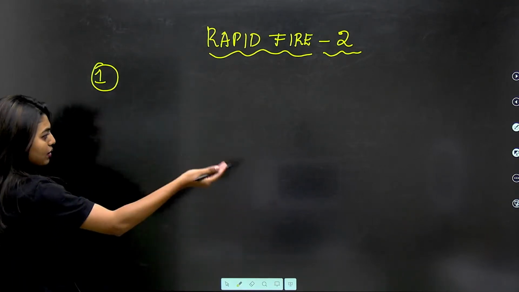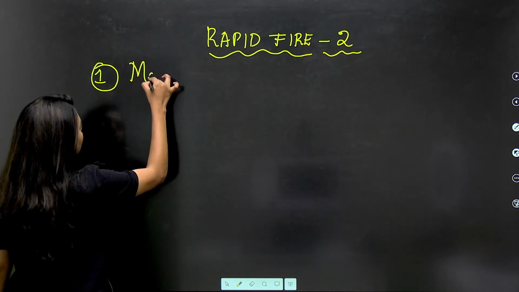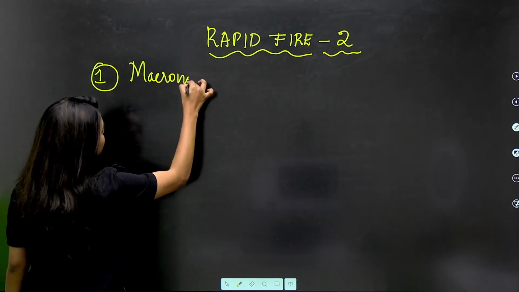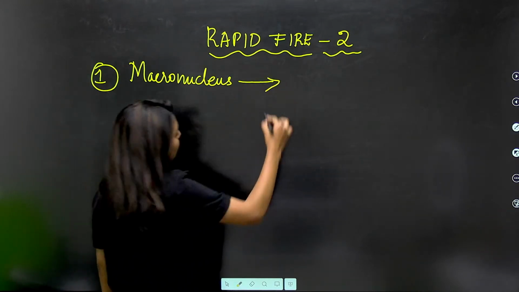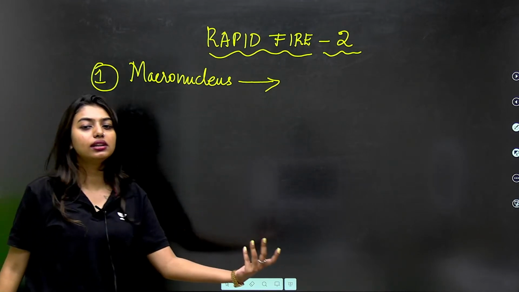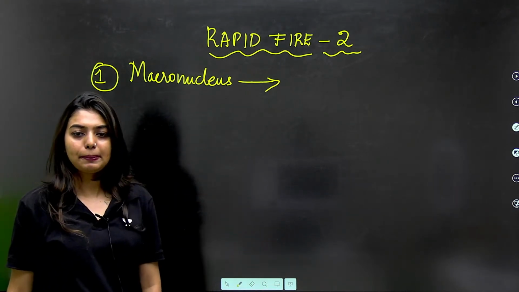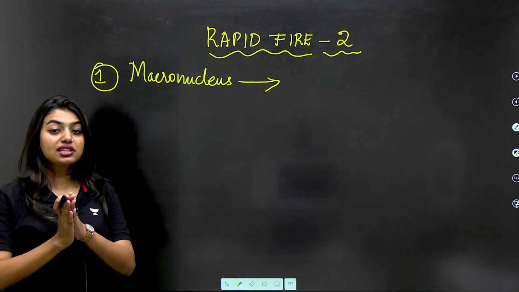First question, just because we finished it, I have it fresh in my head. Macronucleus is also called what in Paramecium? Macronucleus is also called dash. Yes, first come, first serve.